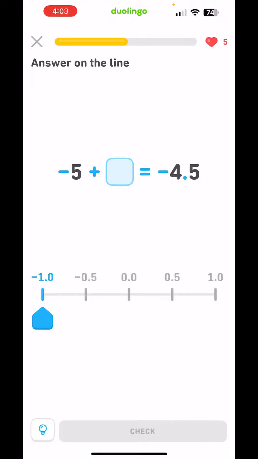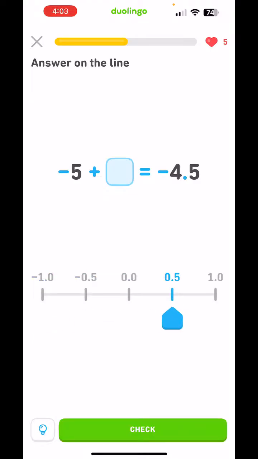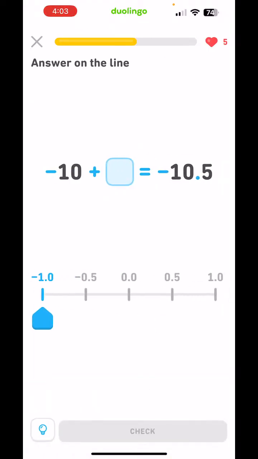Oh, okay. You're saying positive. Okay. So let's try that. All right. Okay, cool. All right, so now we have negative 10 plus x equals negative 10.5. Okay, so I still feel like the answer would be 0.5.